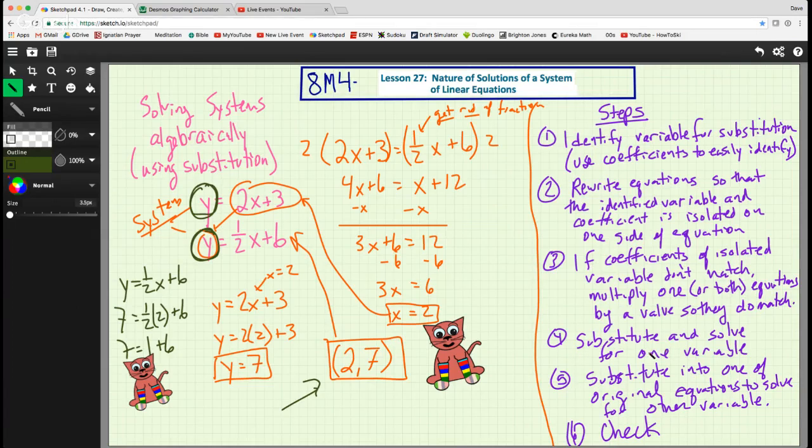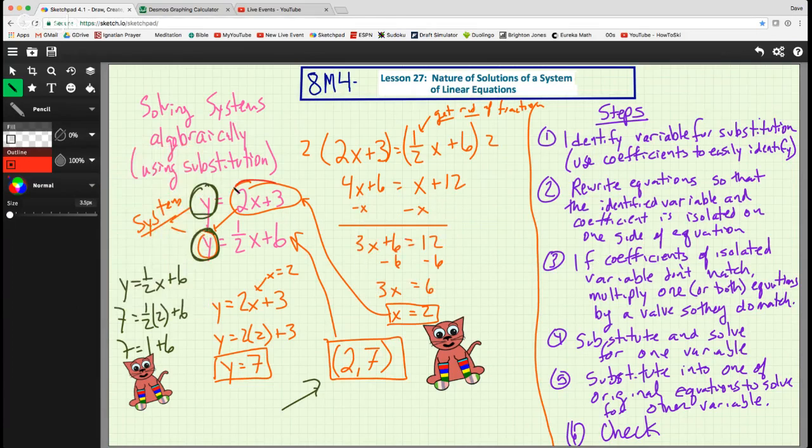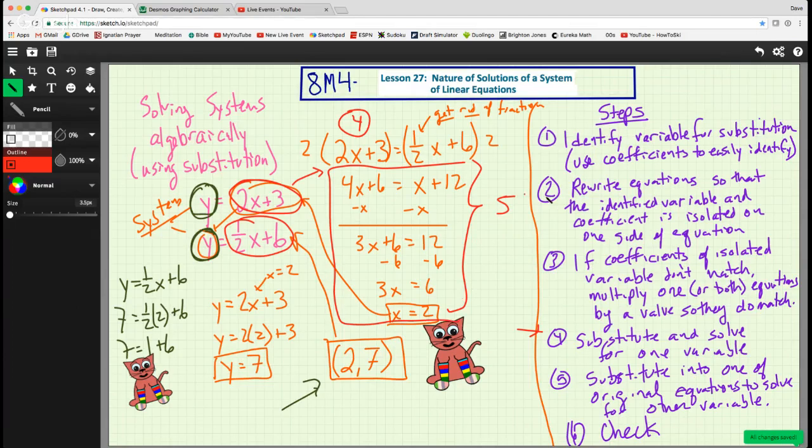We substituted and solved for one variable. So because these are the same, I could take my other side here, my 2x plus 3, and I could set it equal to my 1/2 x plus 6. So that was step 4. When I went from here to here, this was step 4. Sorry, step 4 was I substitute and I solve.